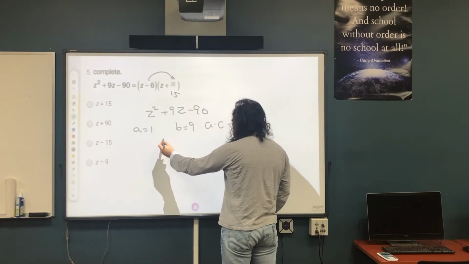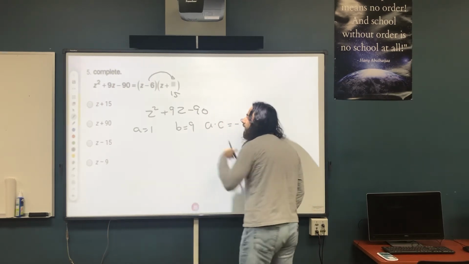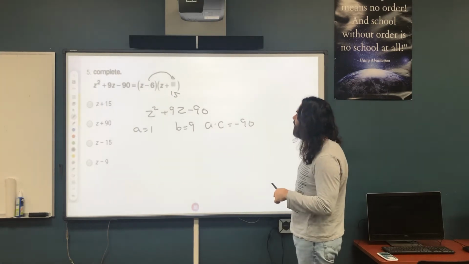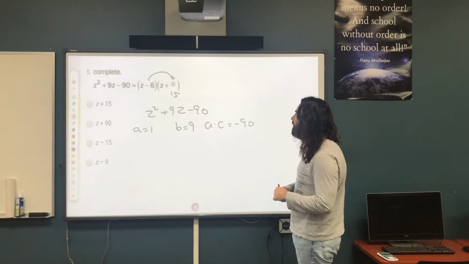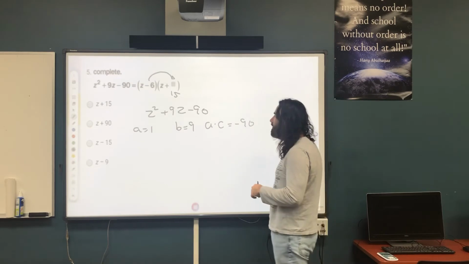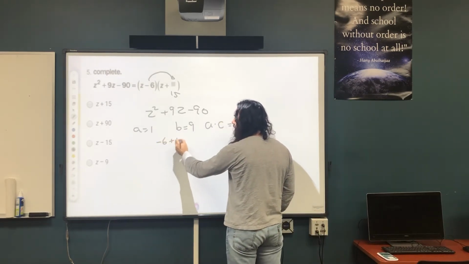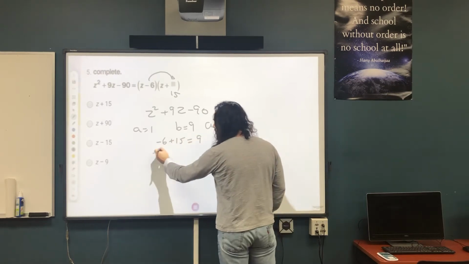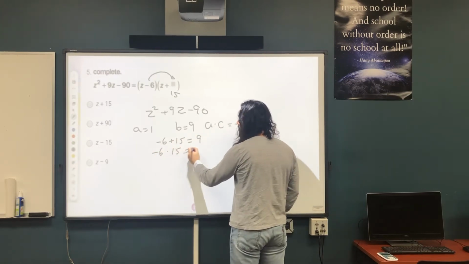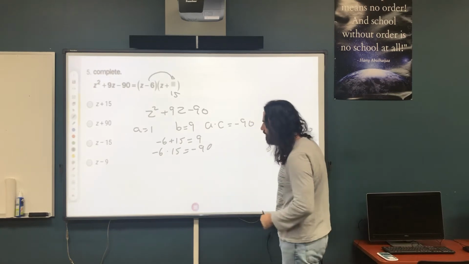So if you add them, you get 9. But if you multiply them, you get negative 90. Negative 6 and 15. So it's going to be negative 6 plus 15. It's going to be 9. And negative 6 times 15, it's going to be negative 90. So that's it.